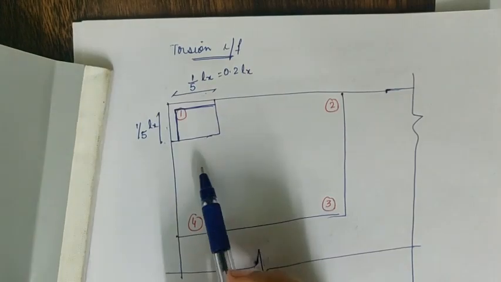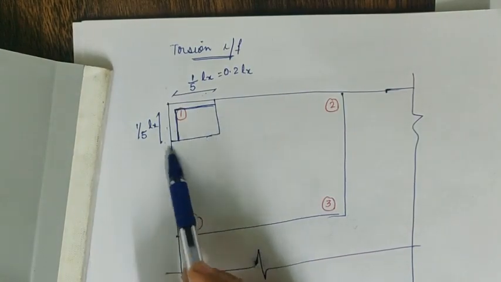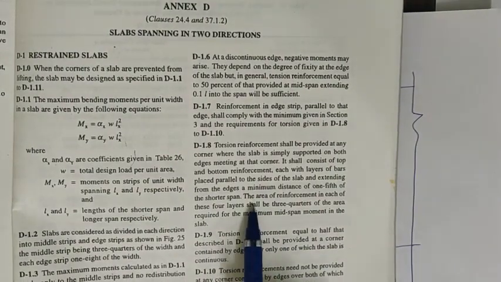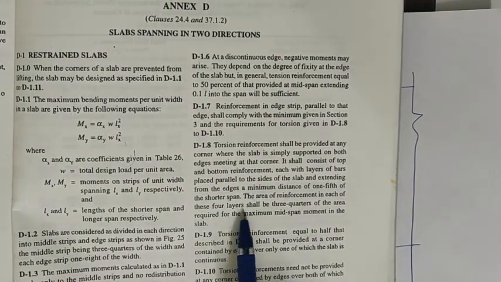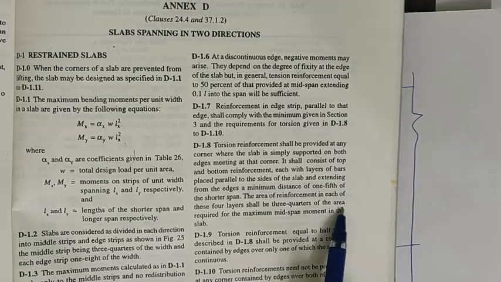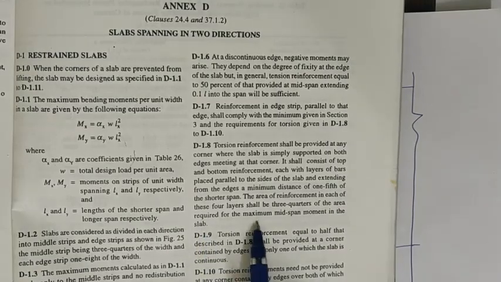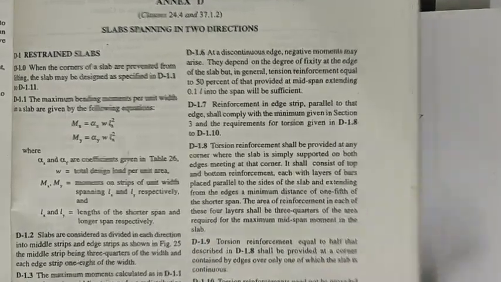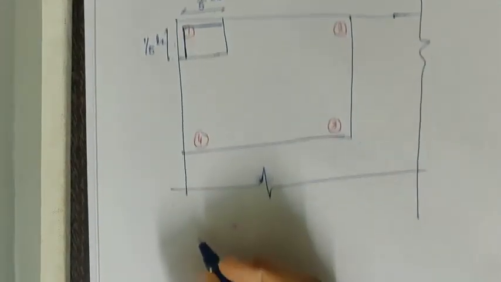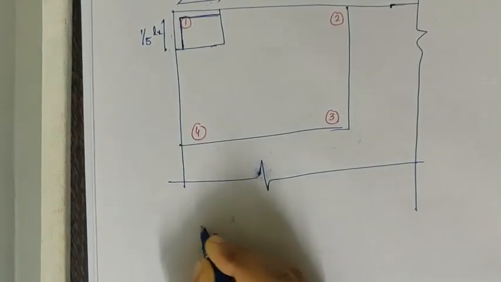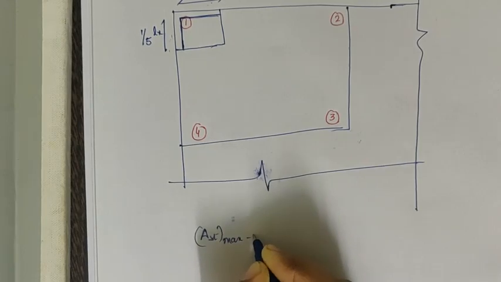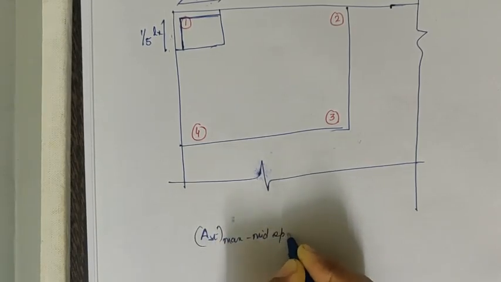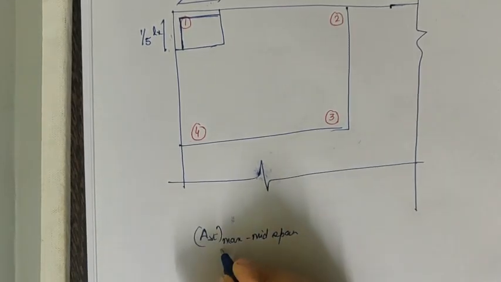Okay, and then how much area should be provided here? The clause says the area of the reinforcement in each of these 4 layers shall be 3/4 of the area required for maximum midspan moment. So we have already calculated AST maximum at midspan. It means it will be ASTX.